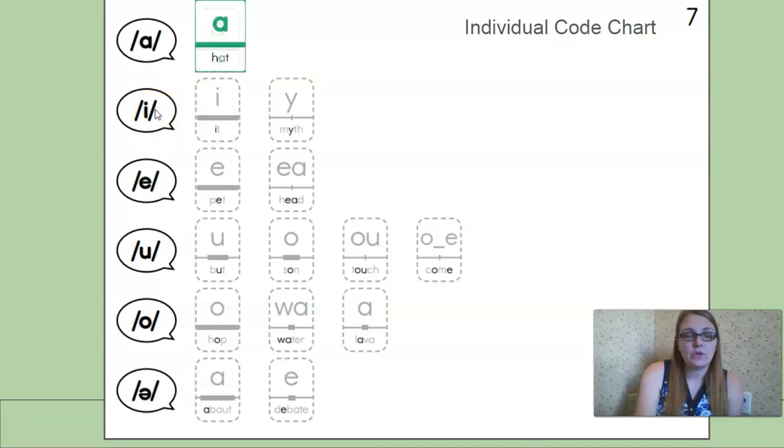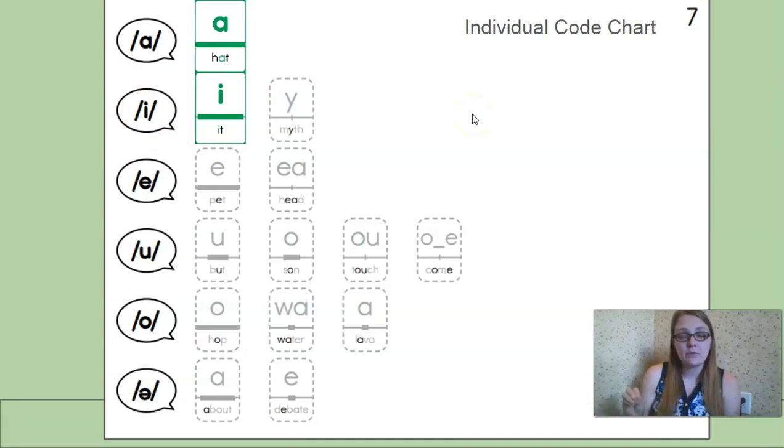You're going to use your green to trace around the outside rectangle shape of each sound to highlight them, that the spelling A is how you spell the A sound, and highlight the I as the most frequent spelling of the I sound. Keep track of this chart, and each time we learn and review a new letter sound, you're going to add to your chart, and then you'll have a nice resource to look at when you're reading.